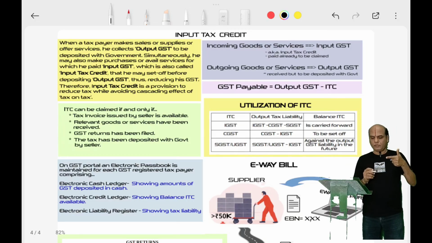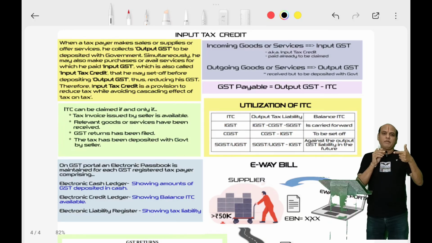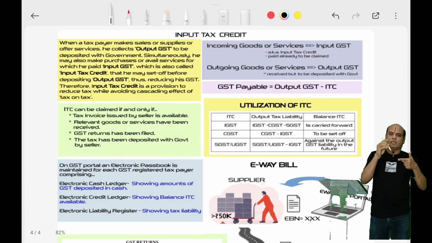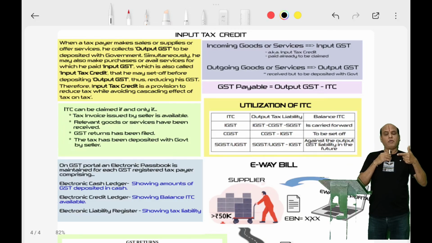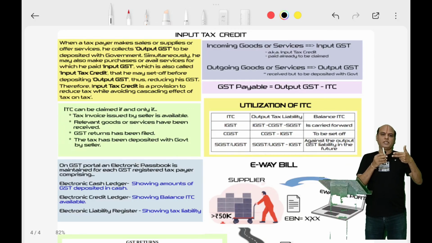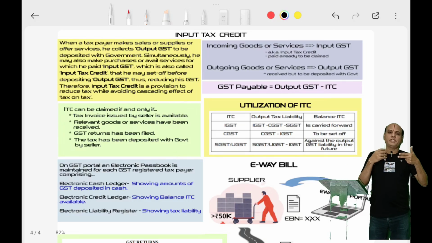Second, the relevant goods and services, like in this example, the pen, I should have already received those goods and services. So I should have already availed those goods and services. This is second condition. Third condition, I should have filed my GST returns. At a certain date or next month, we are supposed to file GST returns.